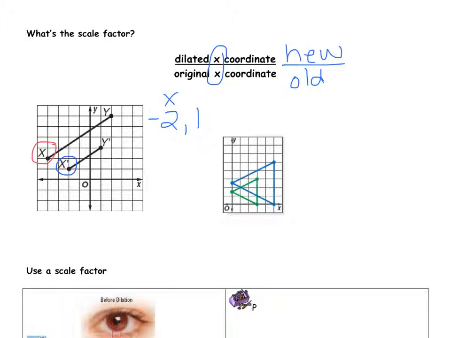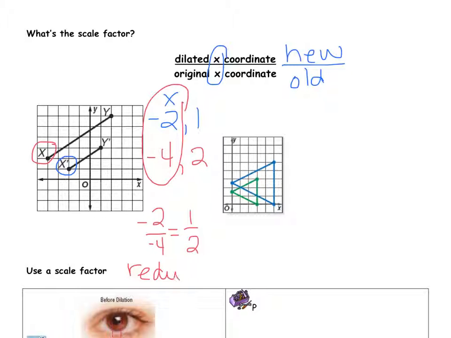And the original was -4, 2. Now, as you can see, those are my two x values, and -2 over -4 equals 1/2. So this was a reduction. And you could probably already tell that from the original compared to the new.